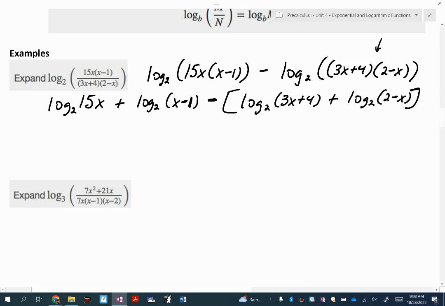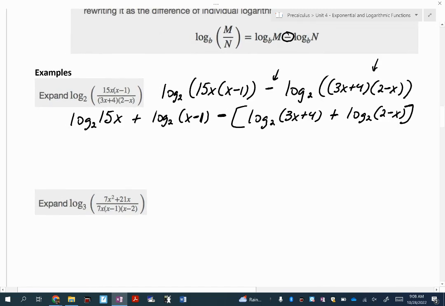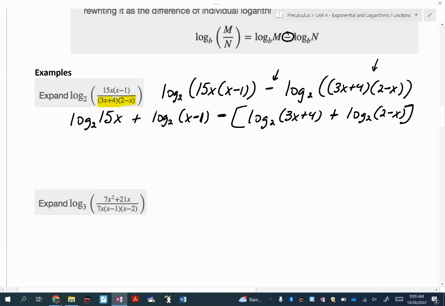The reason it's in brackets is because when I expand this, I'm using addition since they're connected by multiplication, but we have a subtraction in front of that whole thing. Now you're going to distribute this negative onto those two logarithms inside the brackets. If you notice it's in the bottom, it's going to have a subtraction symbol in front of its logarithm.